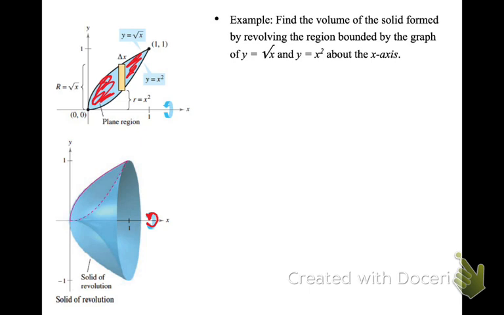Again, we need to find out where these two things intersect. How do I do that? Set them equal to each other. So I would have the square root of x equals x squared.